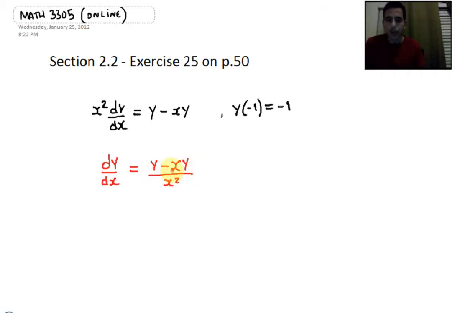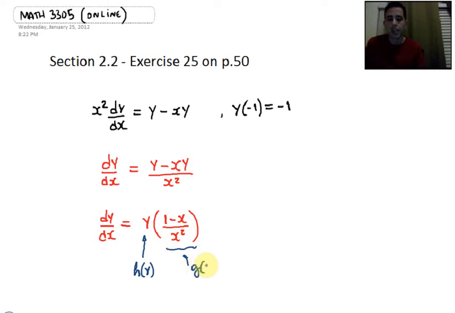And then we need to try to write this expression as a product of a function of x times a function of y. And this can be easily done. In this case, we can factor y here, and then this would be (1 minus x) divided by x squared. So now you can see that this is your function of y, and this is your function of x, your g of x.